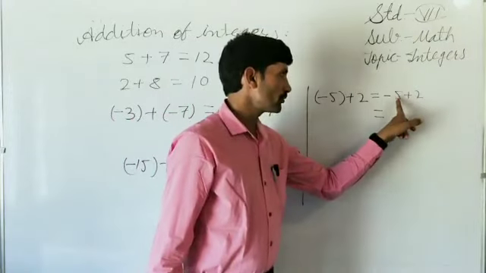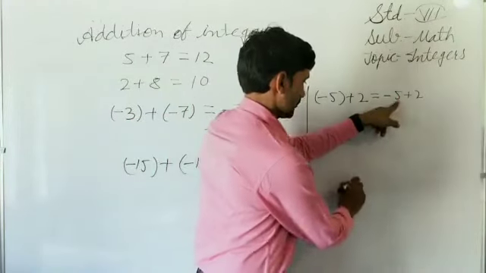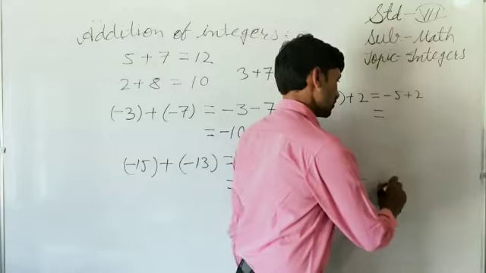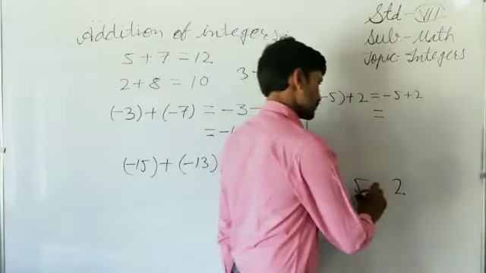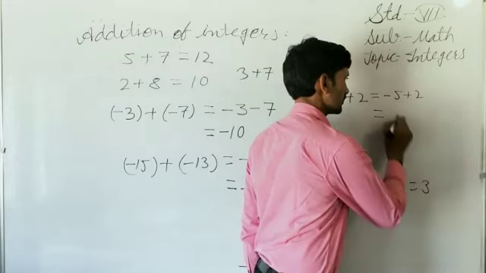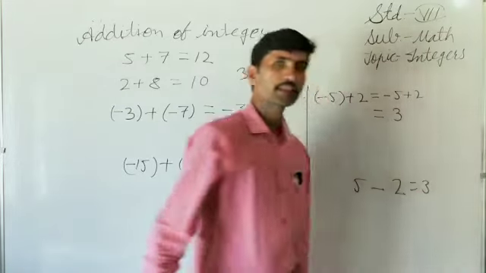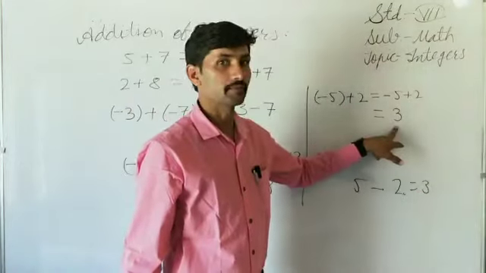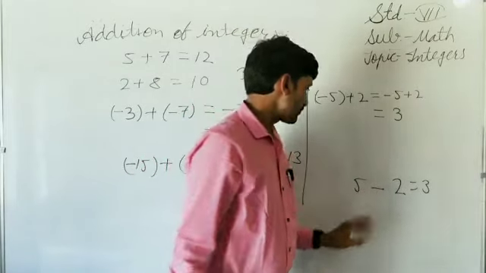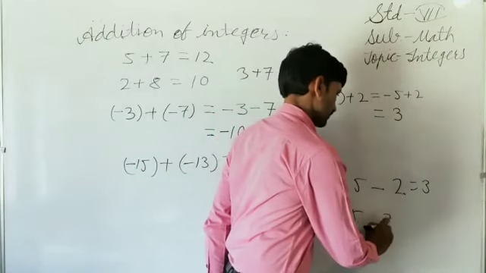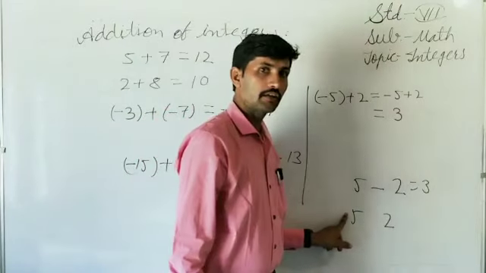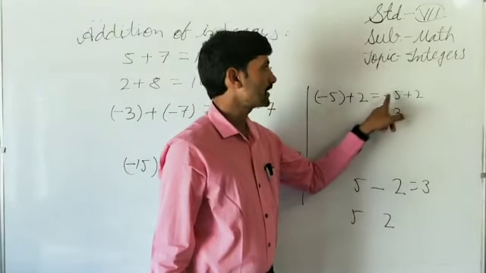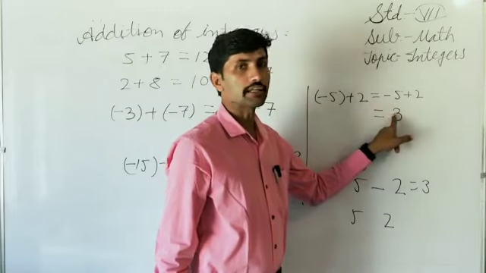What is the absolute value of minus 5? It is 5. What is the absolute value of plus 2? It is 2. What is their difference? 5 minus 2 is 3. So write 3 here. Now we have to decide its sign. In these two numbers, 5 and 2, which is greater? 5 is greater. And what is the sign with 5? That is minus. That will be the sign of this.